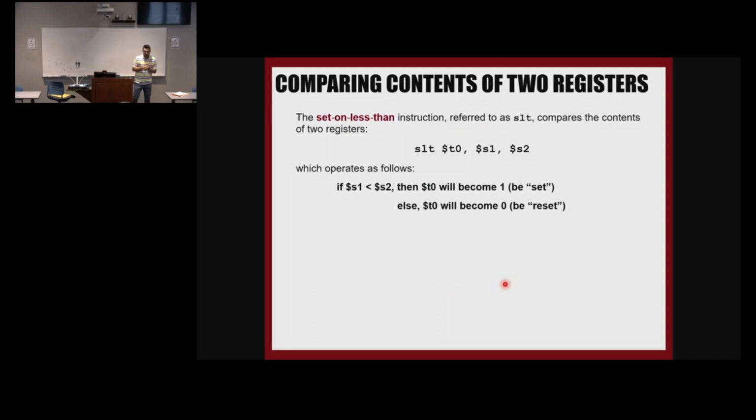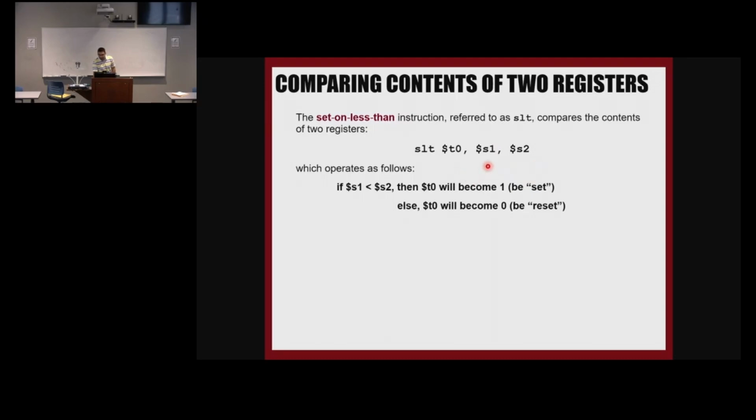Okay, so now this was the branch equal and branch not equal. Let's talk about the set less than. So set on less than is another instruction called SLT. And it compares two registers, S1 and S2. And if S1 is less than S2, T0 is set to 1.